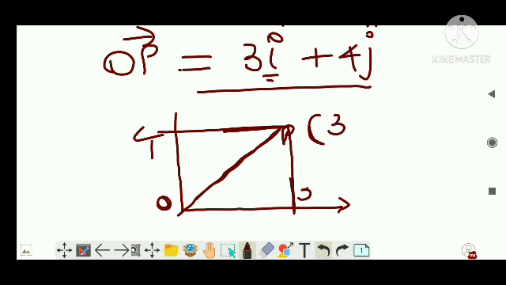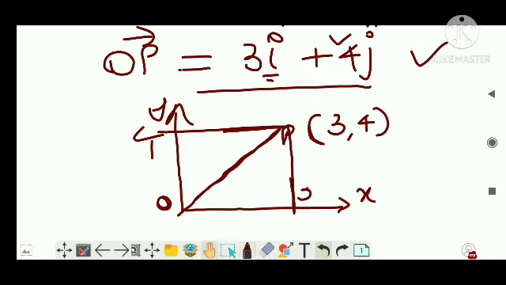So this is 3, 4. Clear? This is the y coordinate, so you have given 4 here, and this is the x coordinate, so you have given 3 here. This much clear? Easy, right?